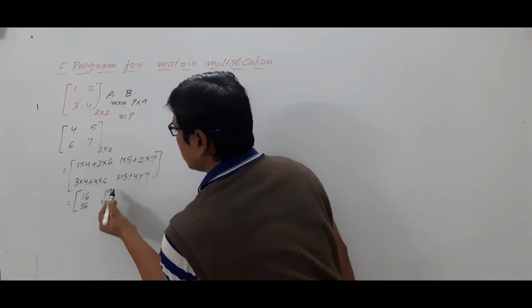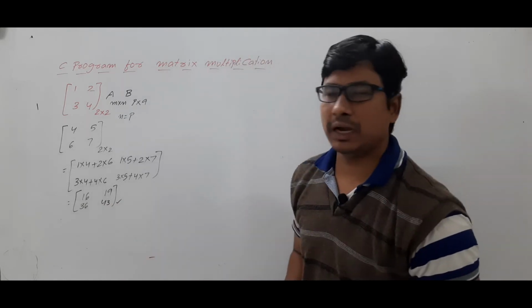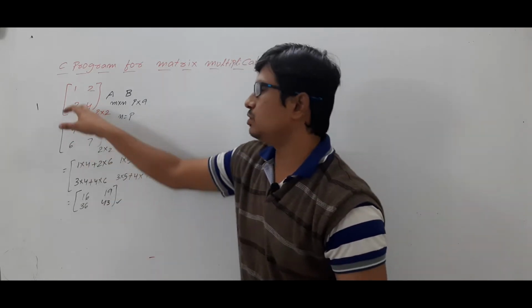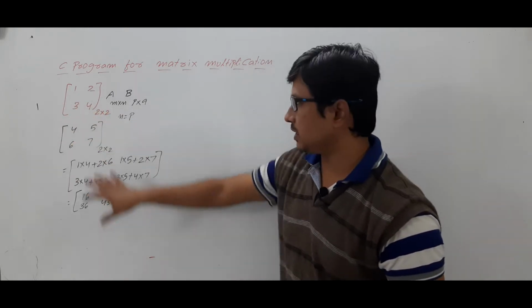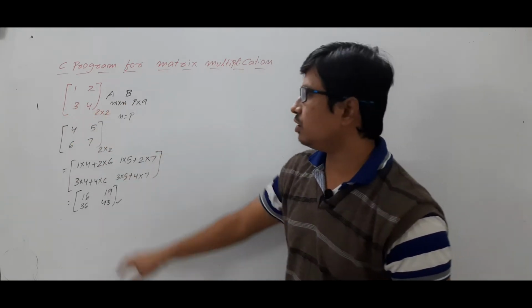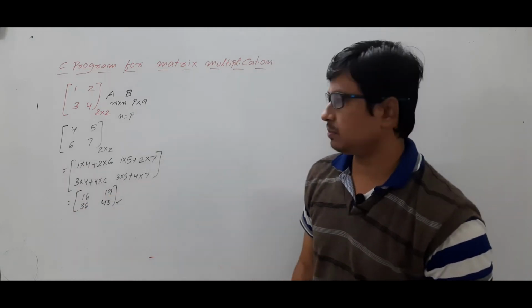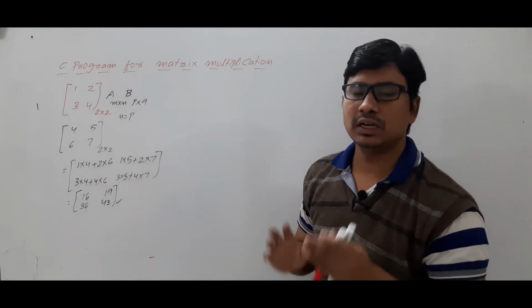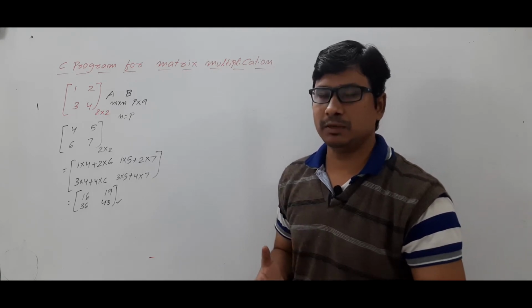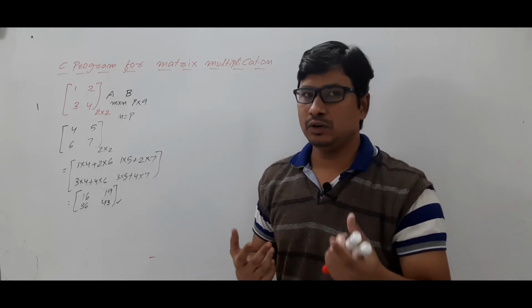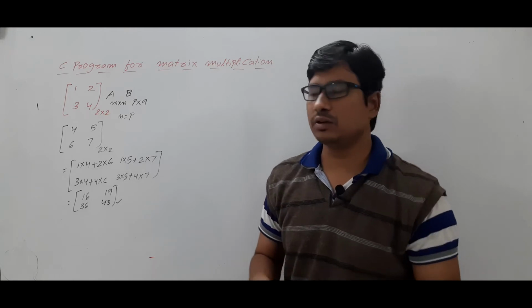So this will be the result after performing the matrix multiplication between these two matrices. I hope you have understood what matrix multiplication is, what rules you should follow, and how to perform it. Now with this concept, let me write the C program for performing the matrix multiplication of any two matrices consisting of rows and columns.